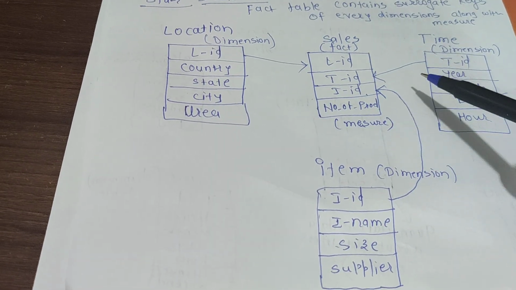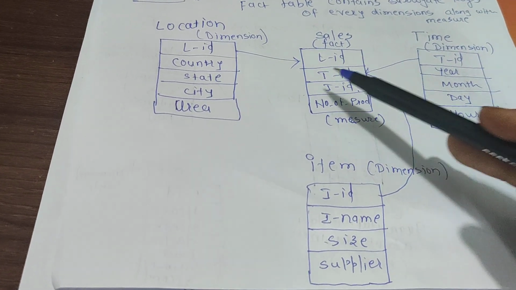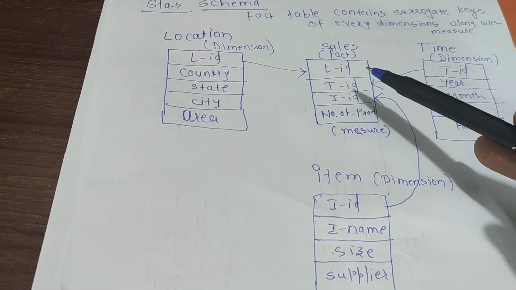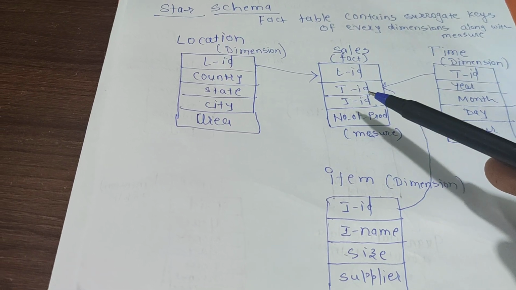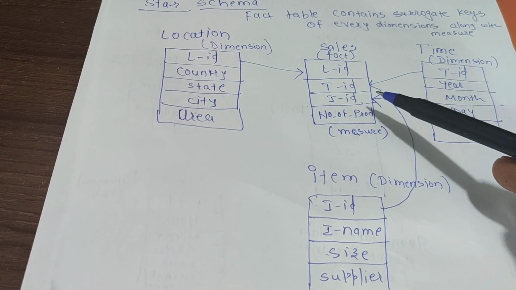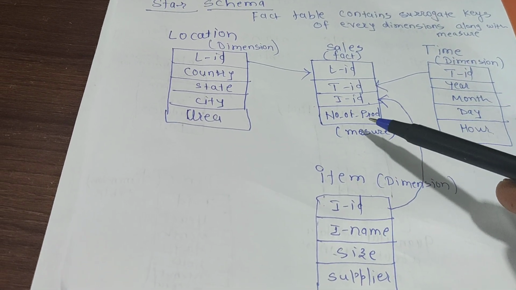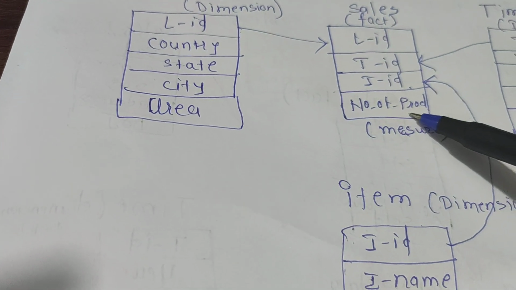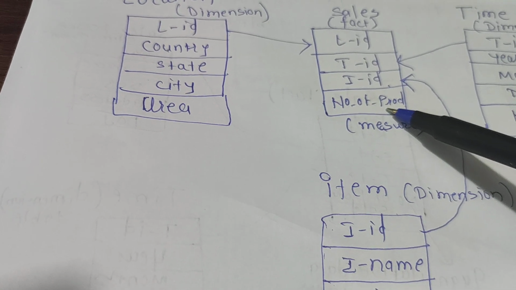In the fact table we will have primary keys of all dimension tables. These primary keys are called surrogate keys in the data warehouse. So all primary keys will be there in the fact table, and one measure is there, that is the number of products sold, number of items sold.